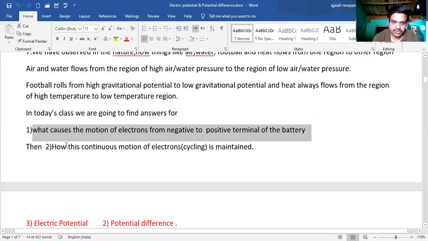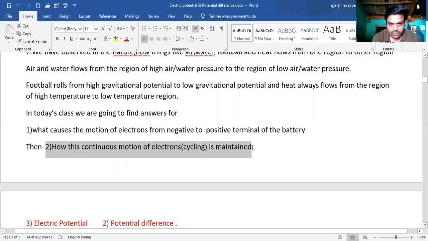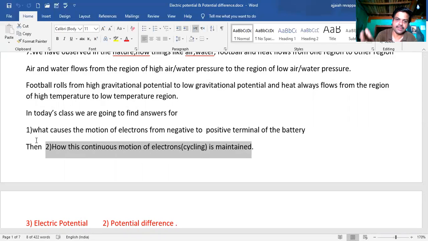And the second question is, electrons are not just moving from the negative to the positive terminal in the external circuit. Again, they start cycling. Till you switch off the circuit, they keep cycling in the external circuit. What causes this cycling of electrons?